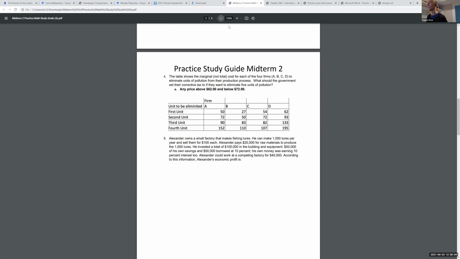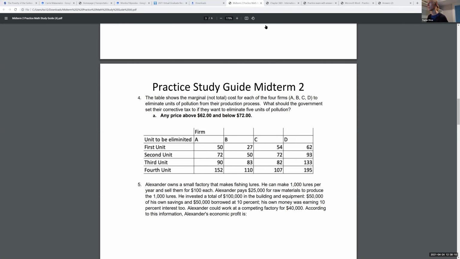Yeah, this one's definitely a very important question. Okay, so the first thing you want to think about is imagine that there are 4 different firms here, and they give you the marginal cost to eliminate the first unit, second unit, third, and fourth.